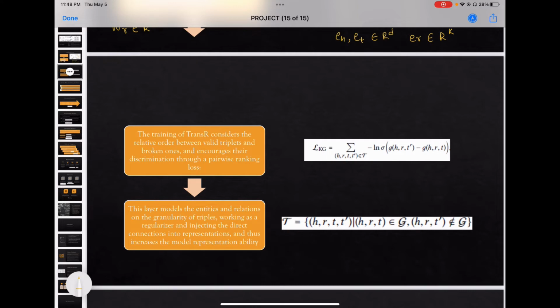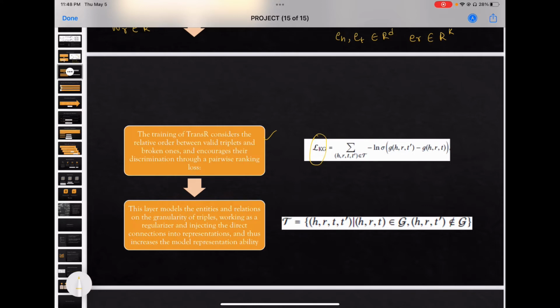Also, the training of TransR considers the relative order between valid triplets and broken ones to encourage their discrimination through a pairwise ranking loss, which is given by L_KG.